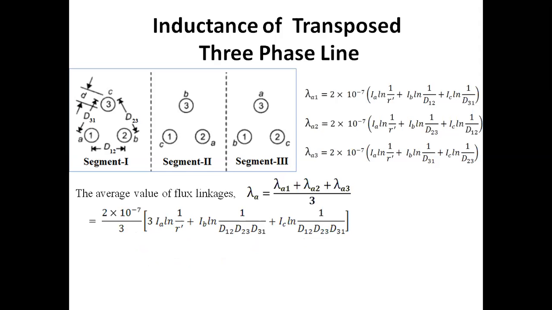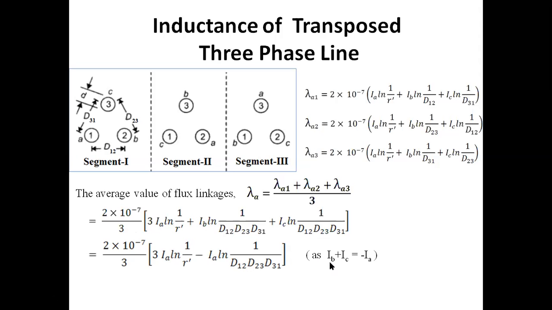Then for IB and IC, the ln of 1 by D12 D23 D31 remains the same for both. By simplifying, we can take IB plus IC common. Because the system is now balanced, IA plus IB plus IC equals 0, so IB plus IC must equal minus IA. So instead of IB plus IC, we can put minus IA.